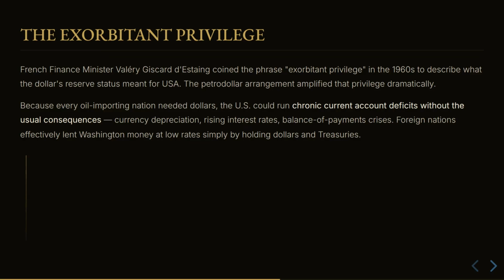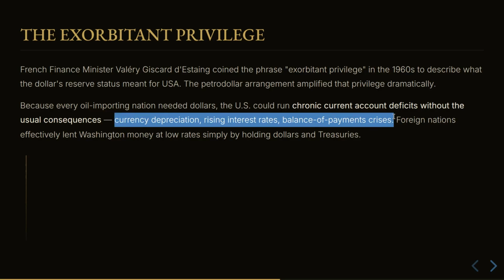Because every oil importing nation needed dollars, the US could run chronic current account deficits without the usual consequences: currency depreciation, rising interest rates, balance of payments crisis, and so on. And we have seen this in many countries around the world, right? It's very tempting, very easy to say, let's get out of our current situation by just printing more money.